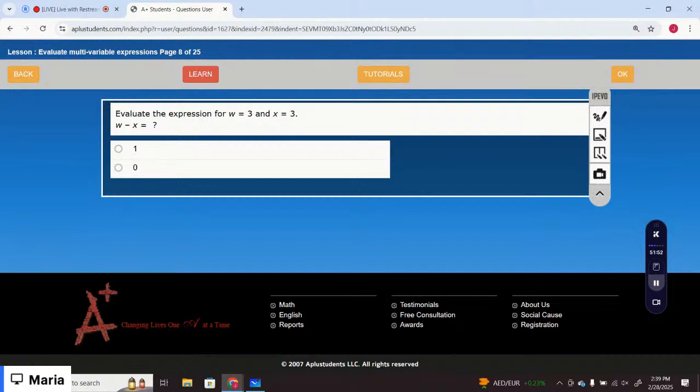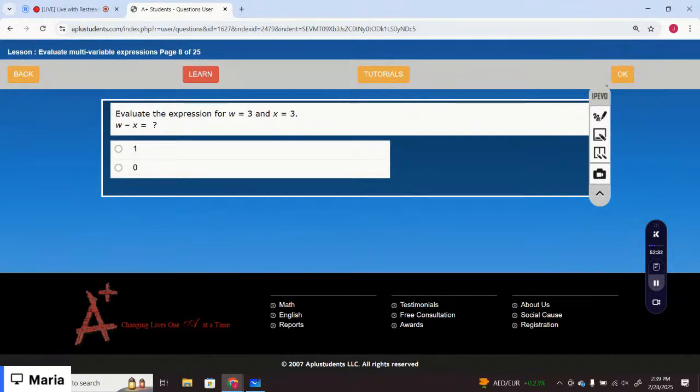Evaluate the expression for w equals 3 and x equals 3. W minus x. 3 minus 3, that is 0.